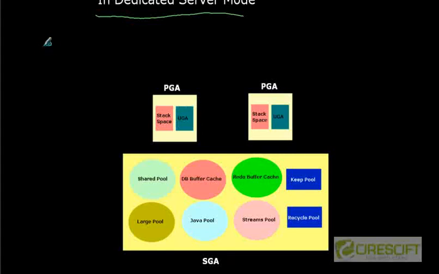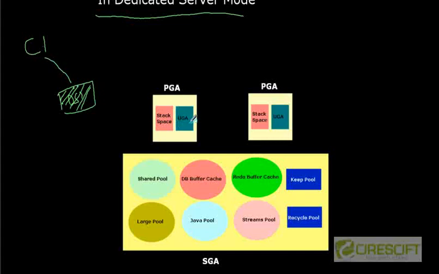Whenever in a dedicated server the client C1 comes, we create a dedicated server process DS1, and that dedicated server process is only serving this client. In that case, the process stack space taken by the DS1 process plus the user's requirement, if C1 does some order by clause or something, will be part of your PGA.